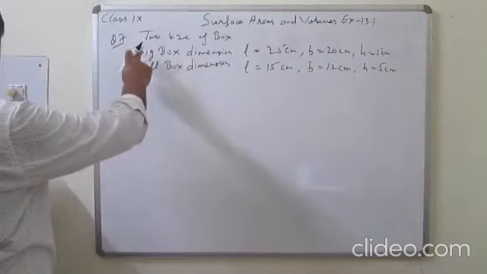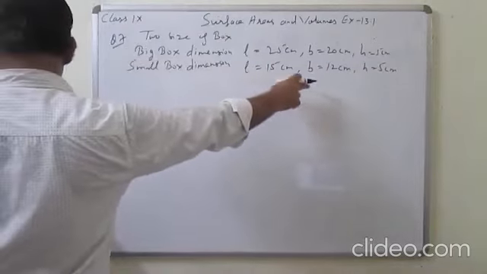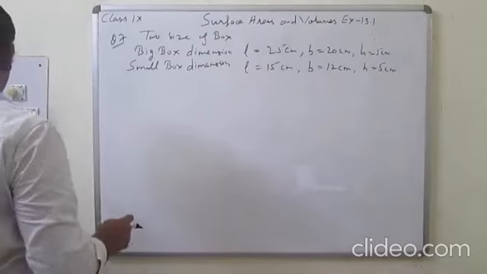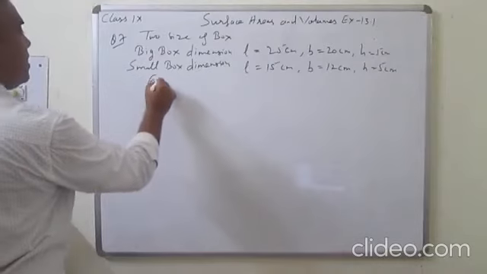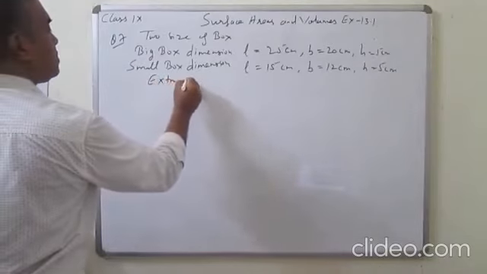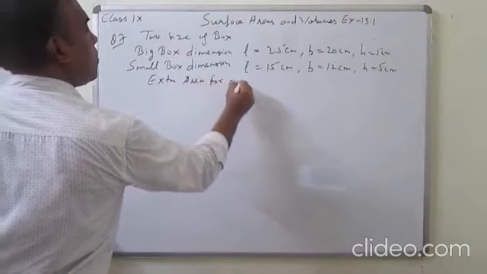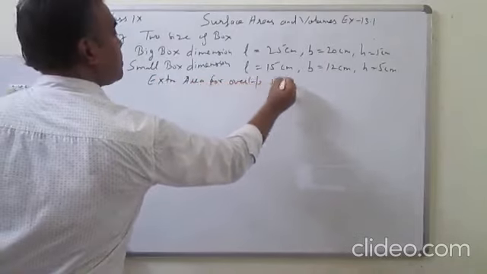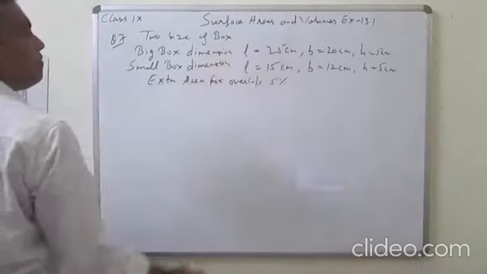Bigger box is 25, 20 and 5; small is 15, 12 and 5. For all the overlaps, extra surface area, extra area for overlap is 5%.